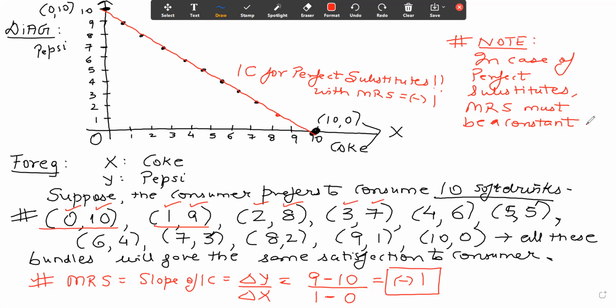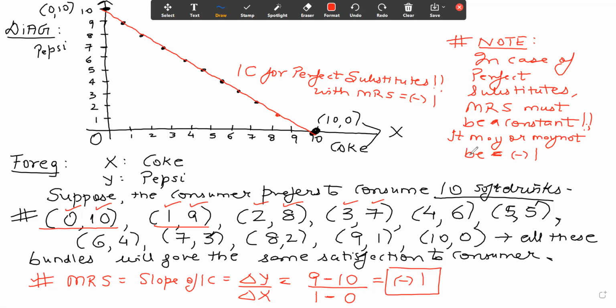So understand this. What is important is that in the case of perfect substitutes, MRS must be a constant. It may or may not be equal to minus 1.